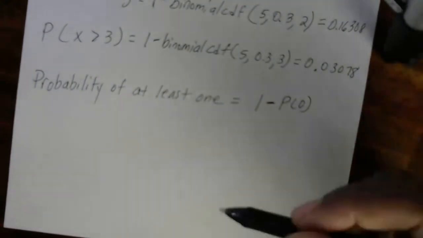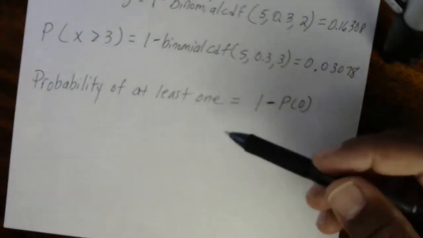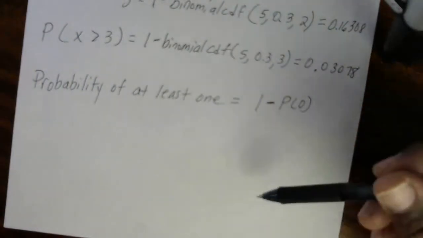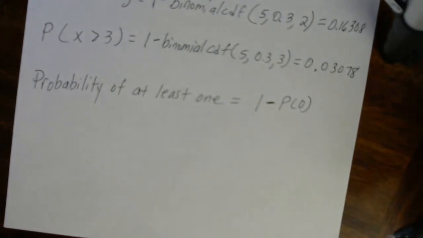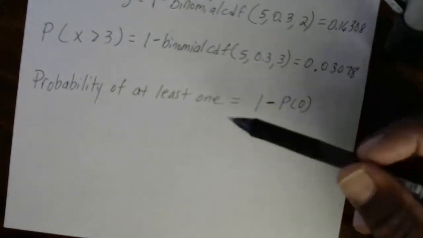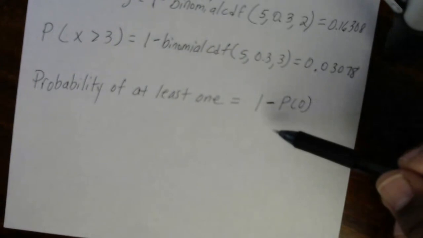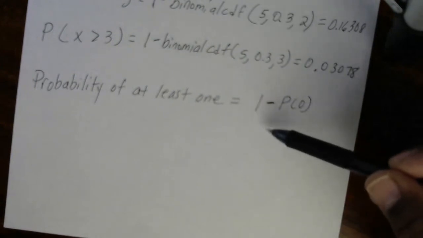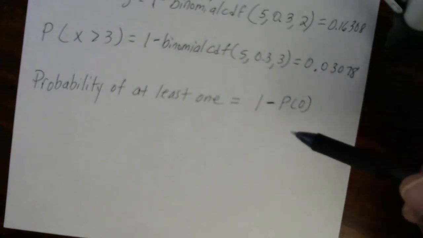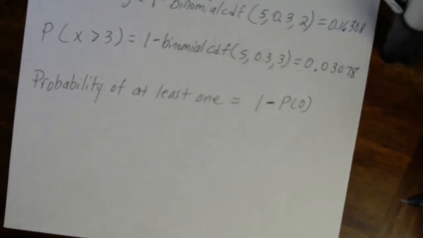So if I were to apply that to this problem, if we wanted to find the probability that at least one person out of our 5 trials knows what Twitter is, we will find that probability by using 1 minus the probability of 0. Okay.